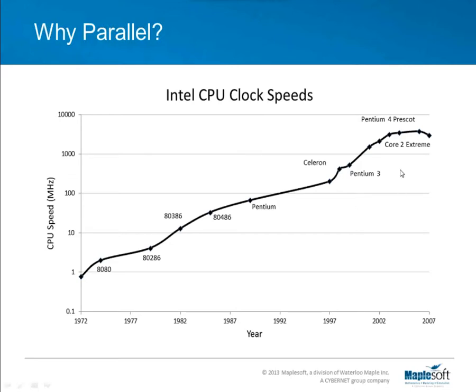However, at around the year 2000, this trend faltered. Processor speed stabilized at between 2 and 3 GHz. Why is this? Well, as you increase the clock rate of a CPU, you need to provide more power, and that power produces heat. That heat has to be dissipated.